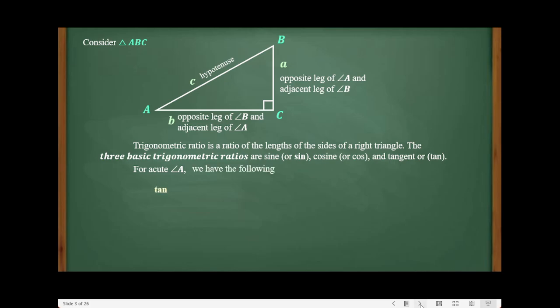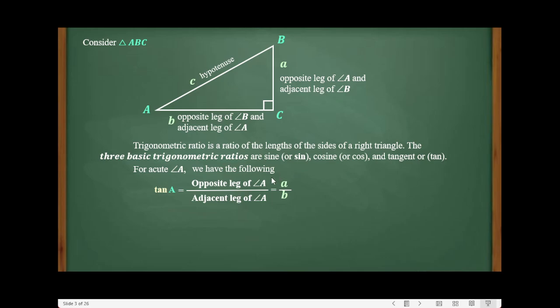The first one is tangent of angle A, which is defined as the ratio of the opposite leg of angle A to the adjacent leg of angle A. And from the figure, replacing the equivalent symbol of each leg, the opposite leg of angle A is denoted by small letter a, and the adjacent leg of angle A is denoted by small letter b.